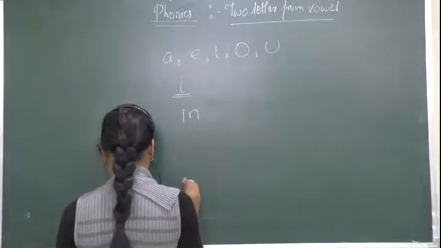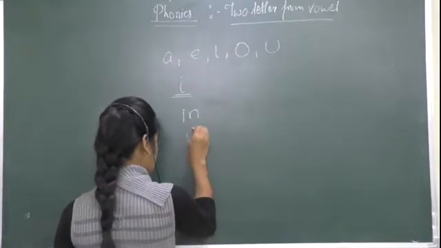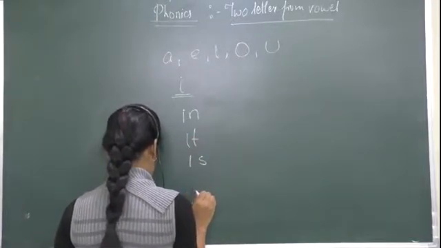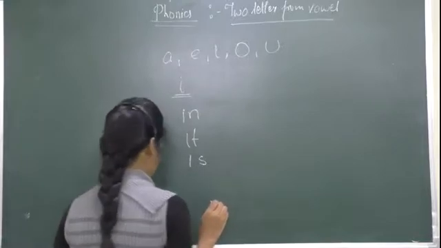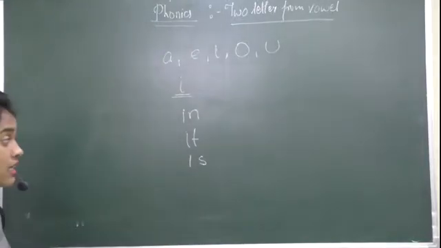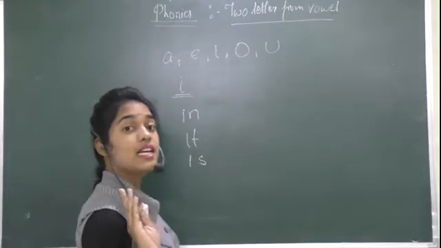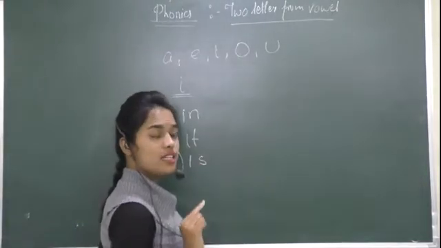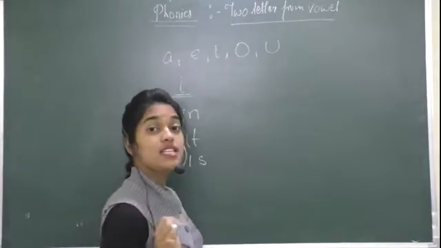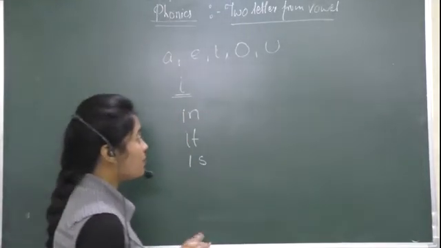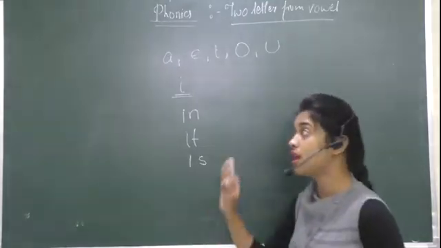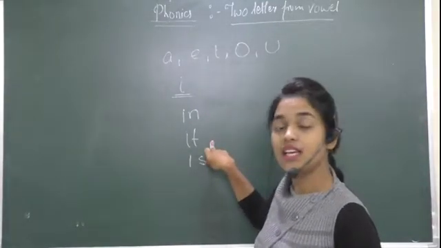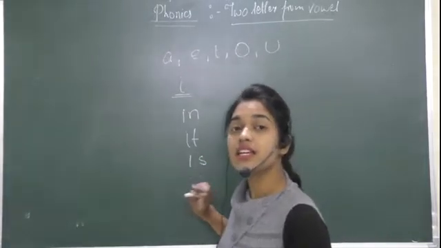I-N, in. I-T, it. I-S, is. So we have made 3 words from the vowel I: in, it, is.